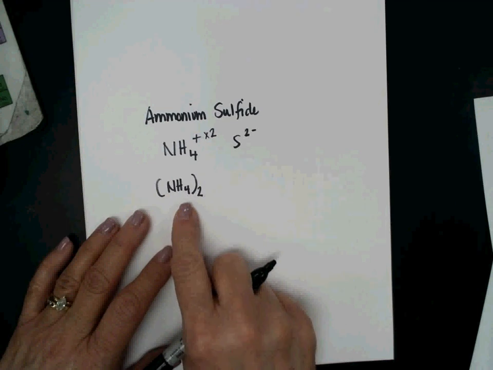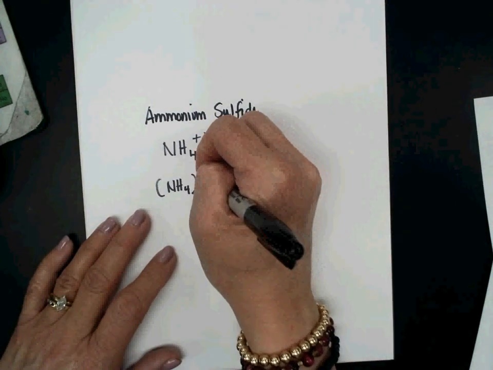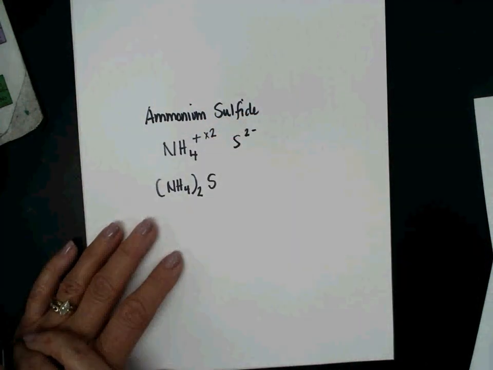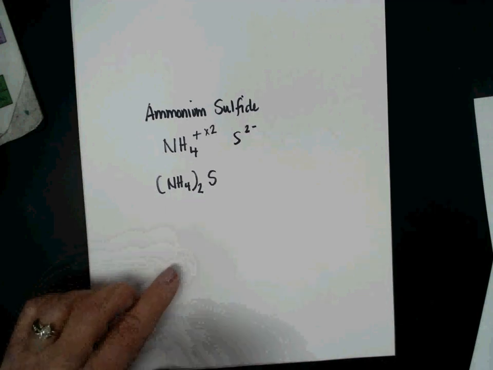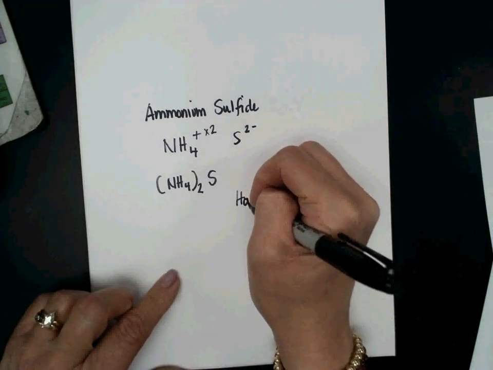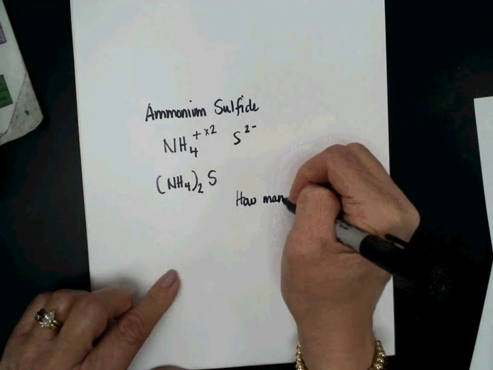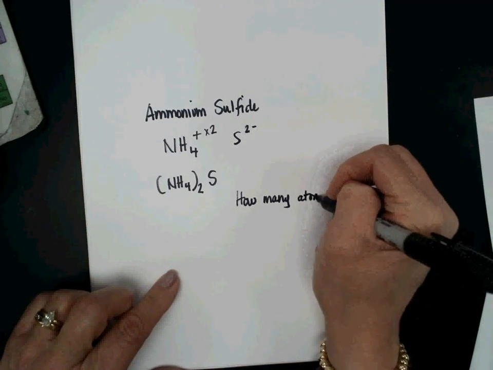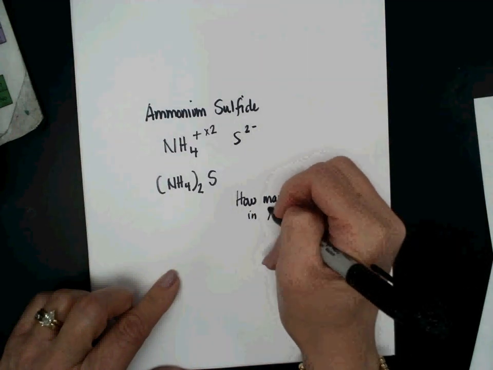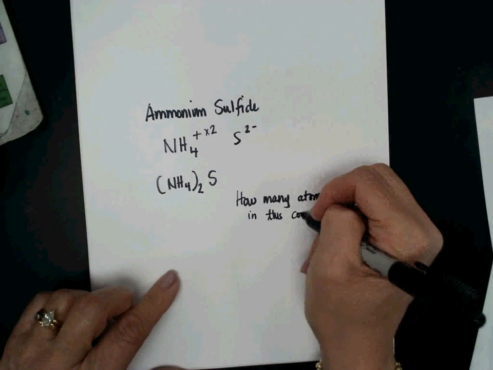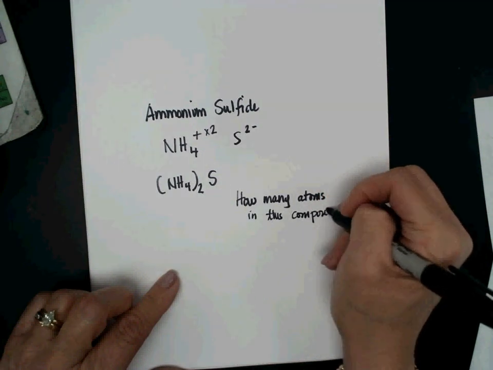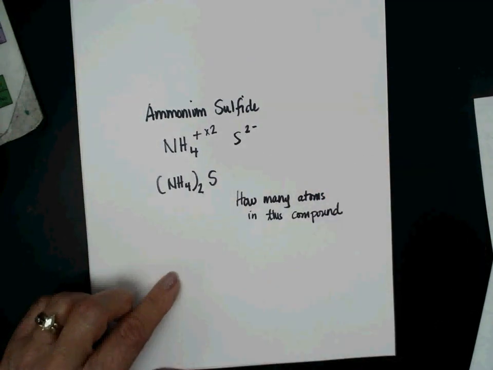That tells me I have everything in here times 2. And then I would write my S, because then they cancel each other out. Then I could ask you this question. How many atoms in this compound? See if you can figure that out.